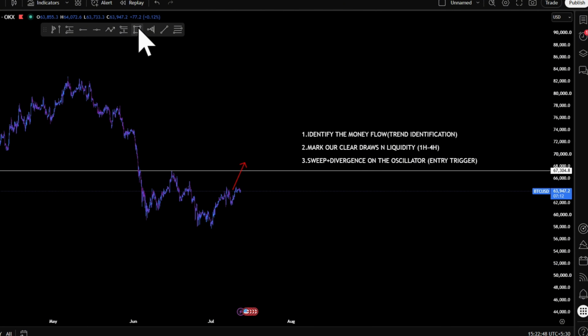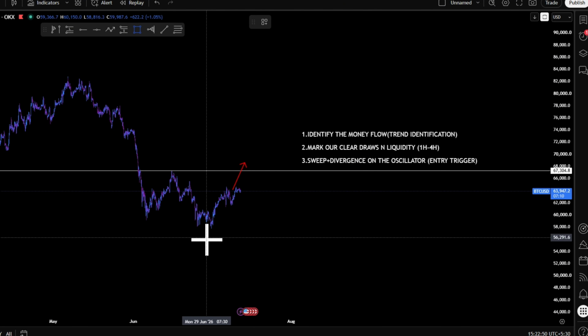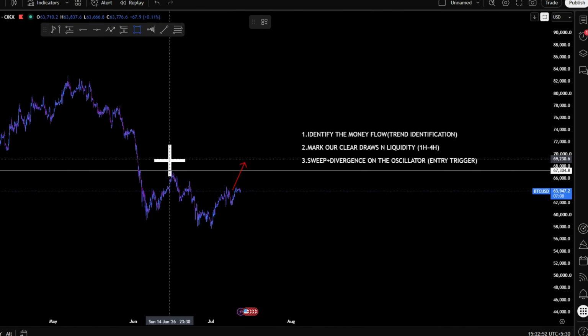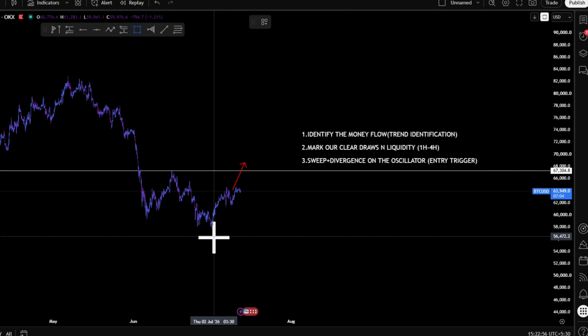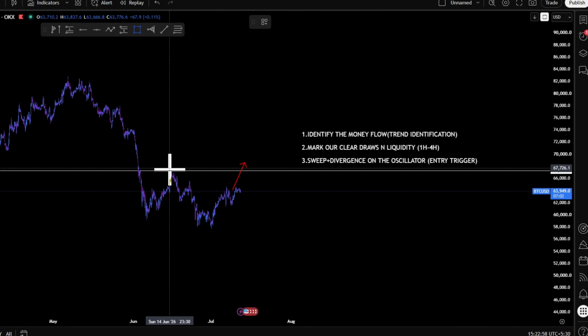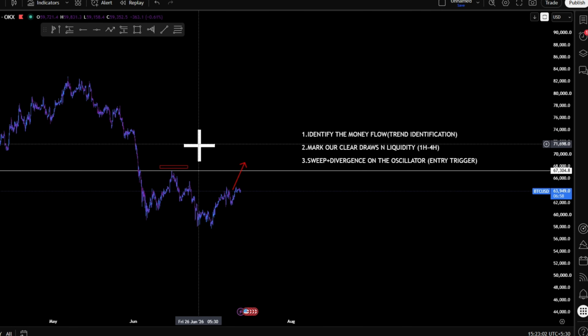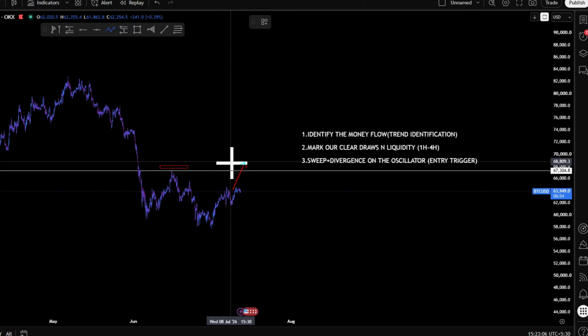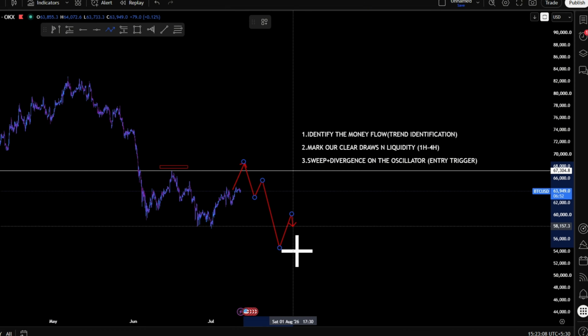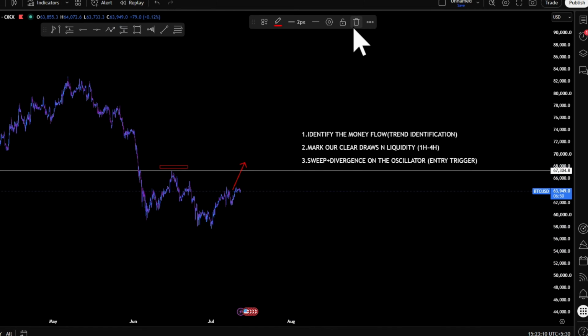The logic behind this is that the price went lower from here, which simply means that there was a selling imbalance created by the sellers, basically aggressive selling at this price level. So everyone who shorted here has their stop losses right above. What the price does is take out these stop losses and then move lower and lower, because that's the concept of liquidity. Your loss is someone else's profit, and someone else's loss could be your profit.